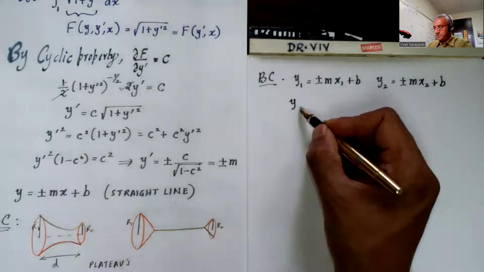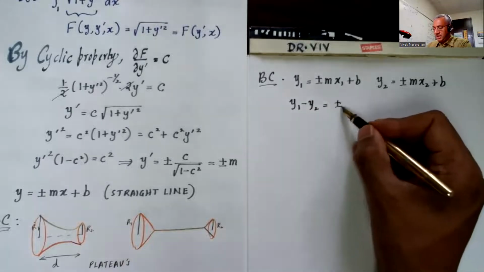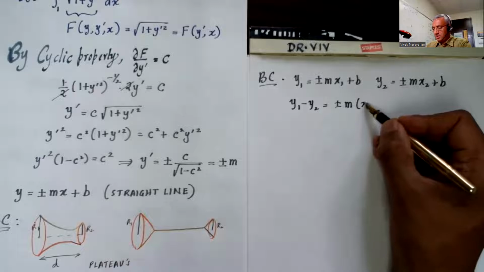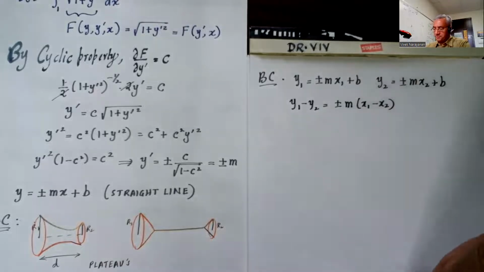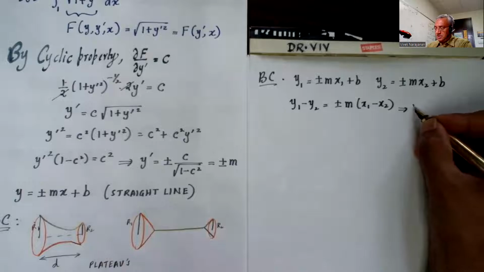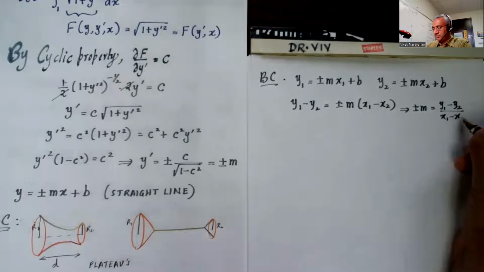Then I'm going to get y1 minus y2 equals plus or minus m times x1 minus x2. When I subtract the two equations, the b cancels out. So this gives me the value of plus or minus m. It's just y1 minus y2 divided by x1 minus x2.